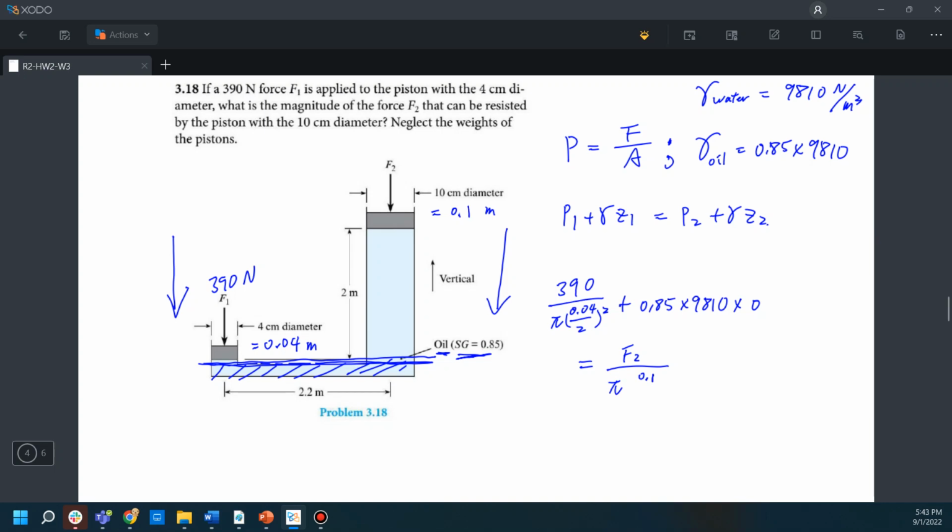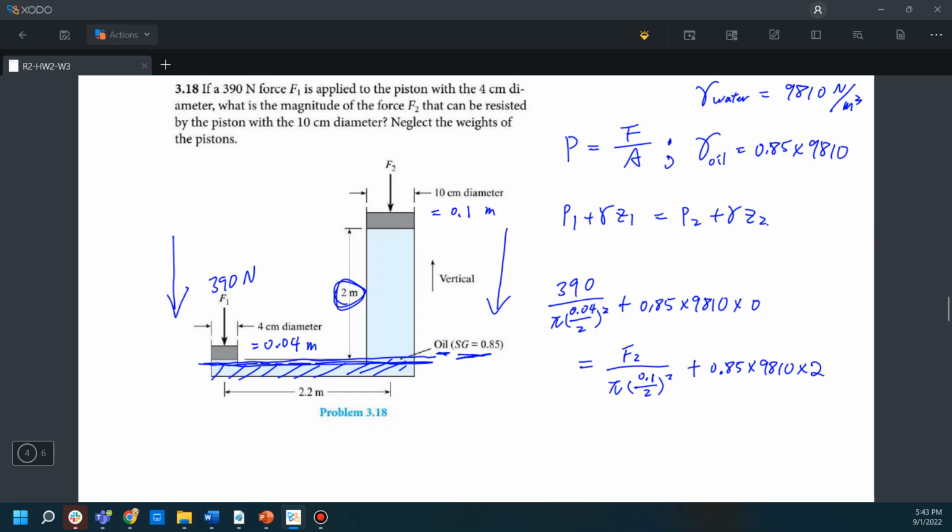This is 0.1. Okay, 0.1 divided by 2 to become the radius, and squared. That's the area for this piston tube. Plus gamma, which is the same, 0.85 times 9810 times Z2, 2 meter.